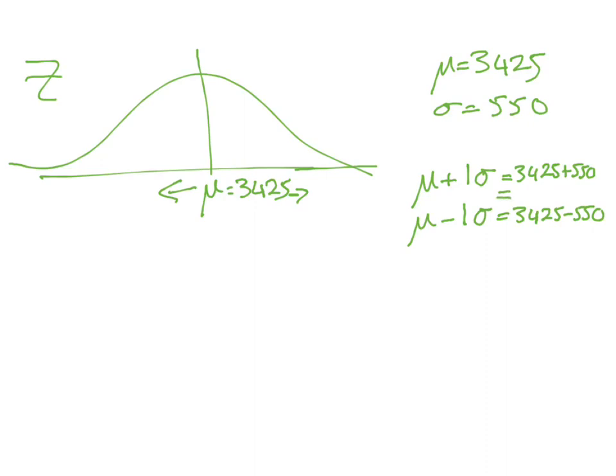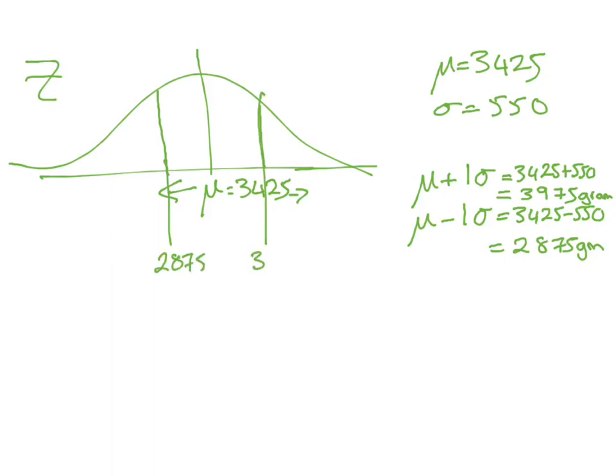And that gives us 3,975 grams and 2,875 grams. So that means if I go up by 550, down by 550, that takes me to that place there, which is 2,875, and this point here is at 3,975.